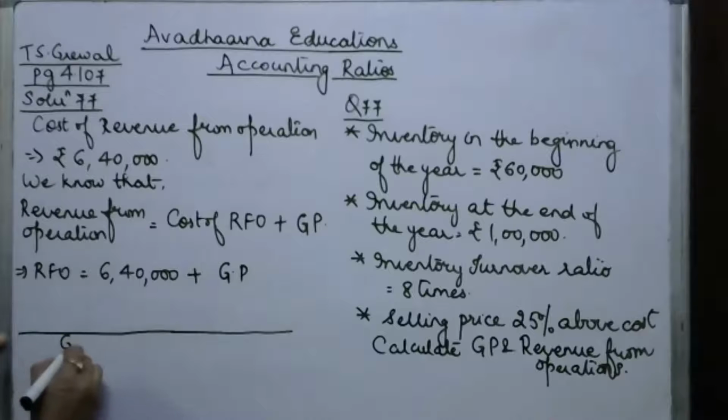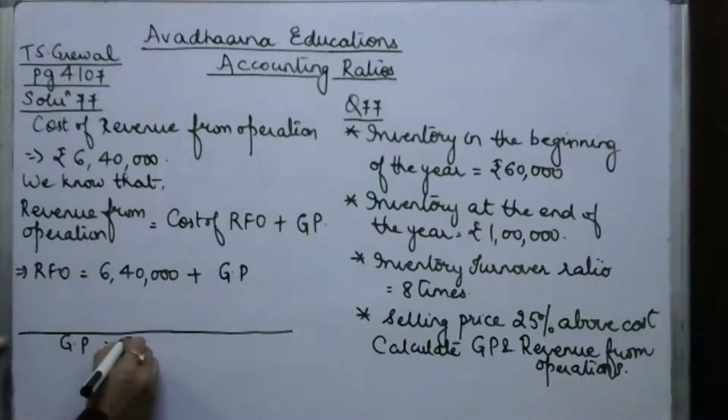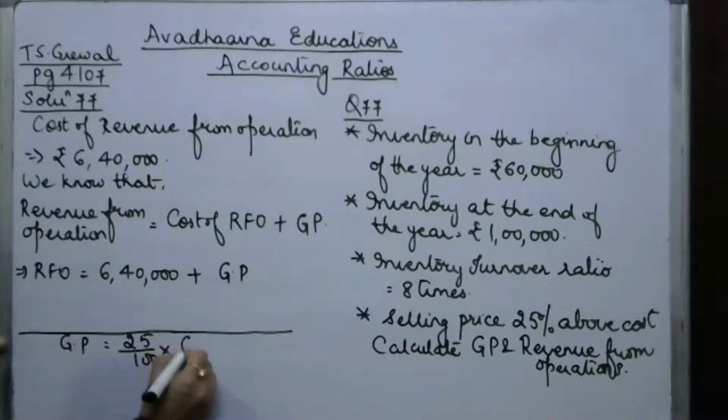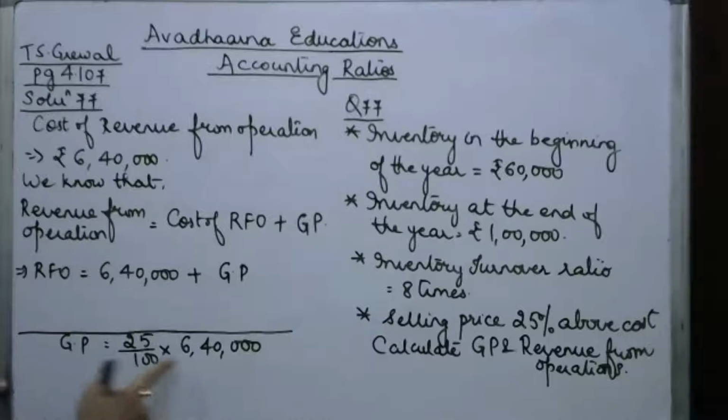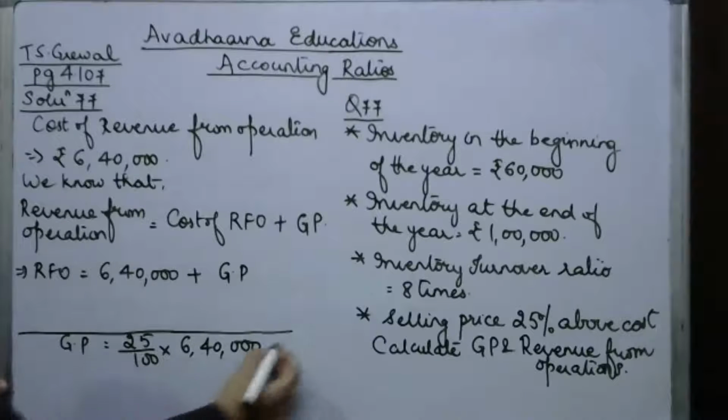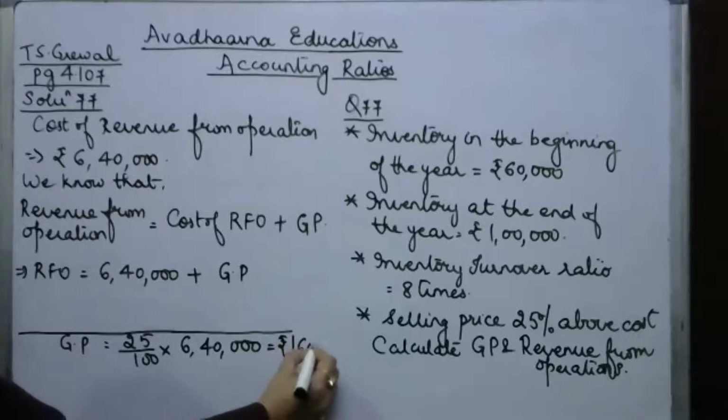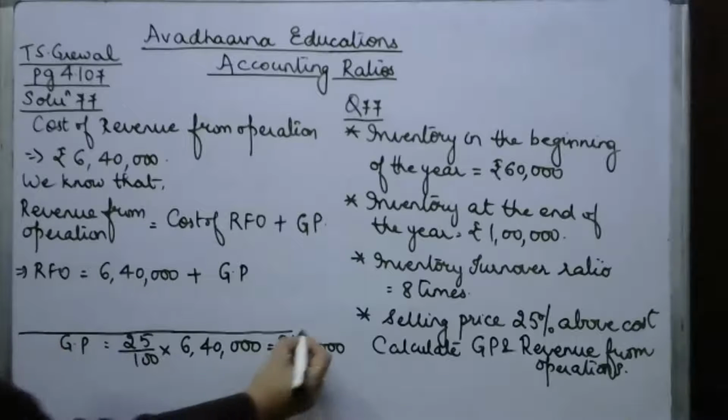Now gross profit, according to the last information, should be 25% above cost, means on your cost of goods sold, it is 25% of 6,40,000. Now, if I calculate 25% of 6,40,000, this is going to come as rupees 1,60,000.